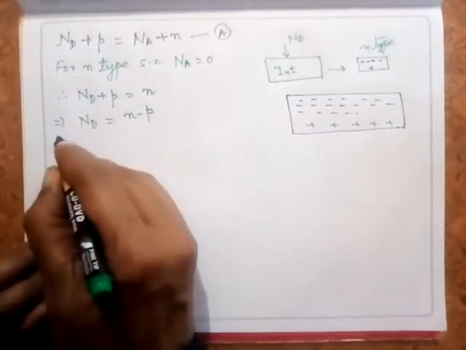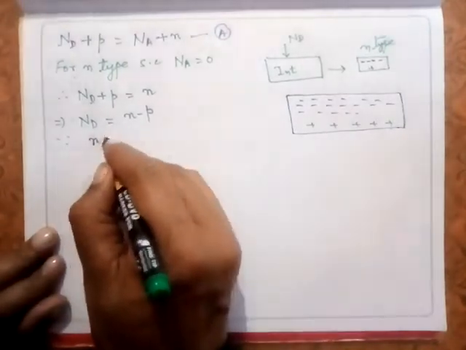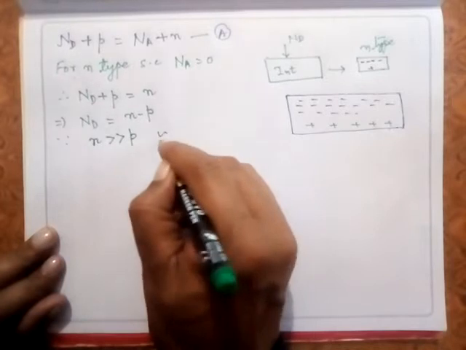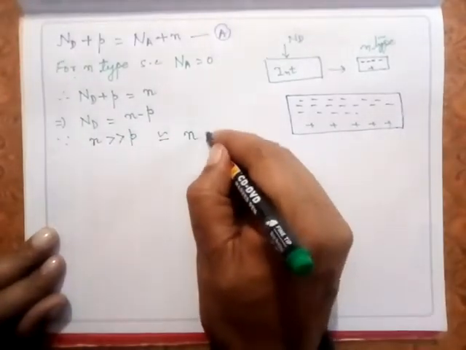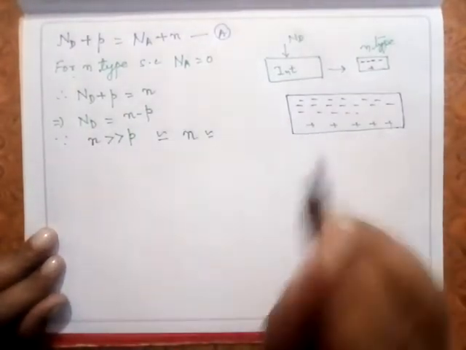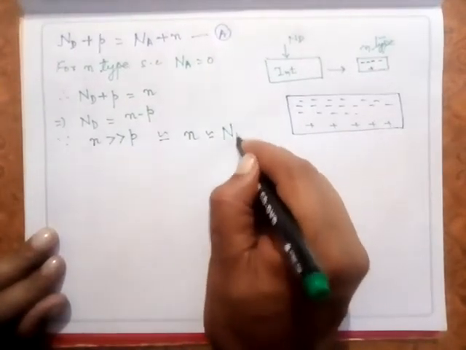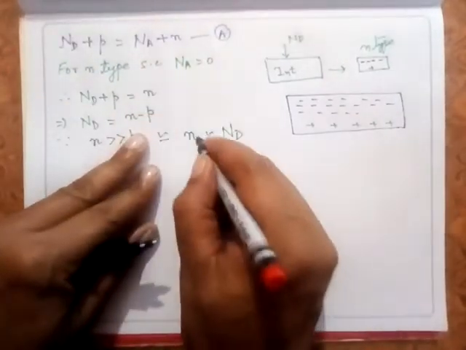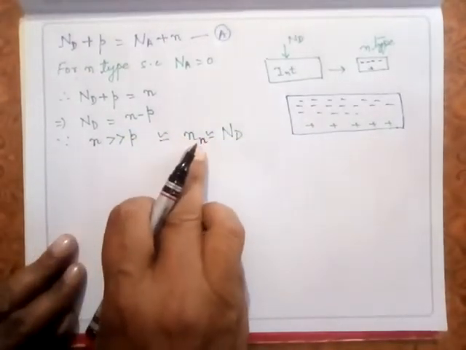And now since the number of electrons is far greater, the majority charge carriers as compared to holes, I can say that the number of electrons is approximately equal to Nd, equating P to 0, although this is not 0. It is an approximation. Now I am using one more term here, N with suffix n, meaning the number of electrons in N type semiconductor.